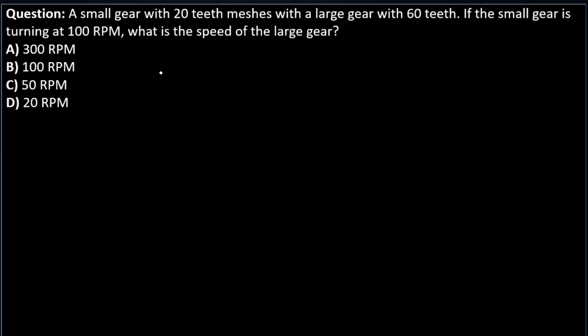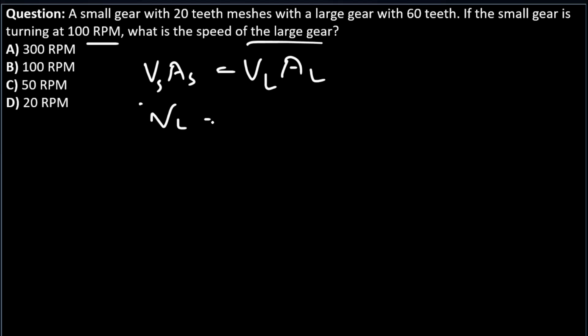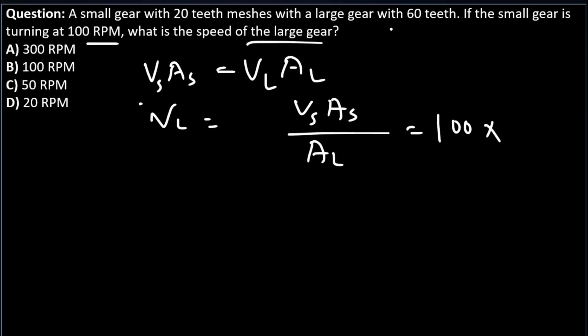So the equation is: small gear speed times small gear teeth equals large gear speed times large gear teeth. The velocity is 100 rpm, and we need to find the larger gear value.